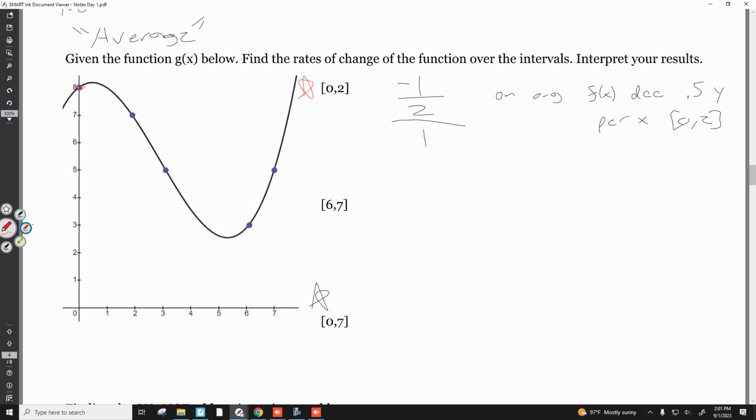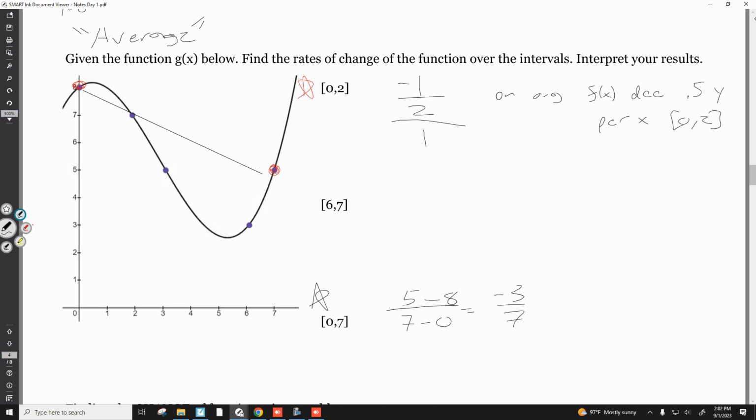Now, some of you like to draw lines. That's fine. Some of you like to use rise over run. That's fine. Some of you like to use the formula: y2, my finishing y minus my starting y, over my finishing x minus my starting x. That's how we get -3/7.